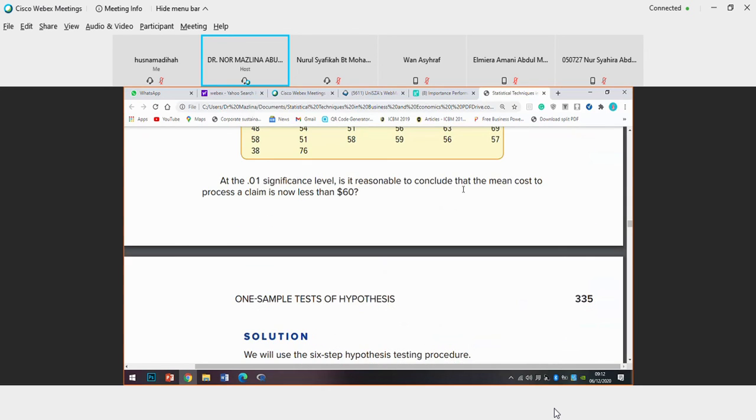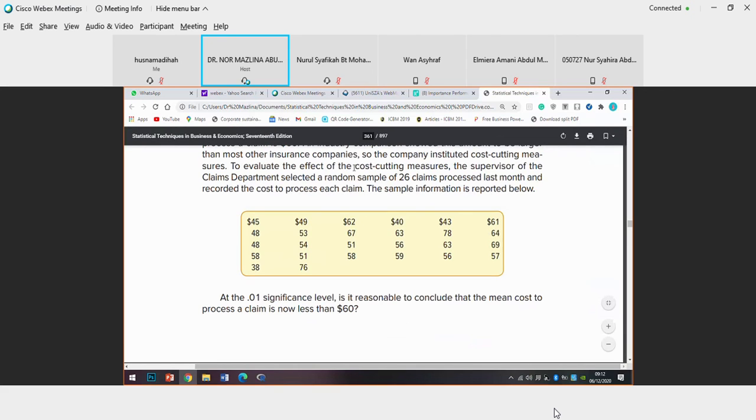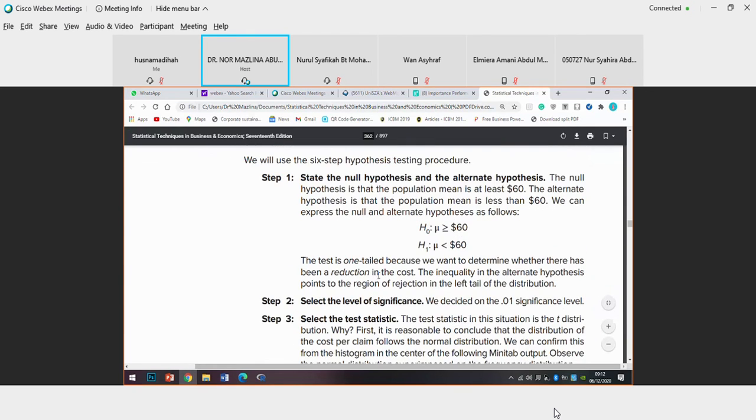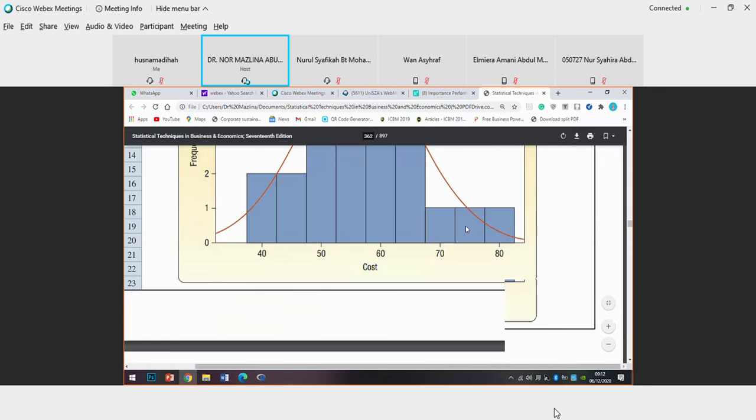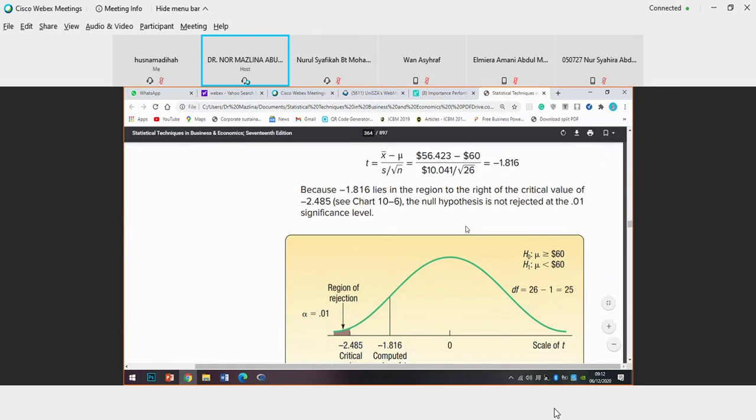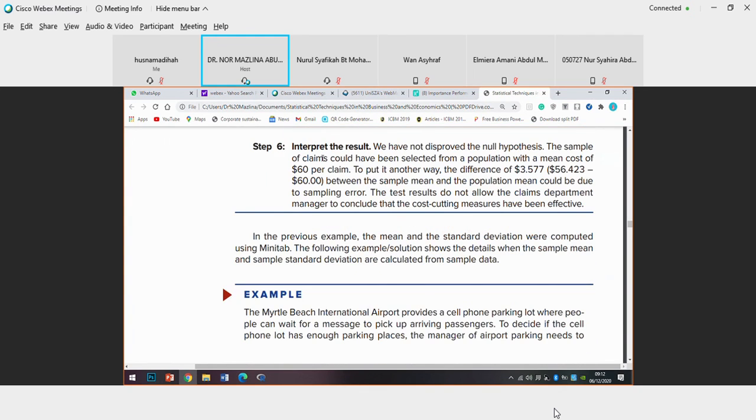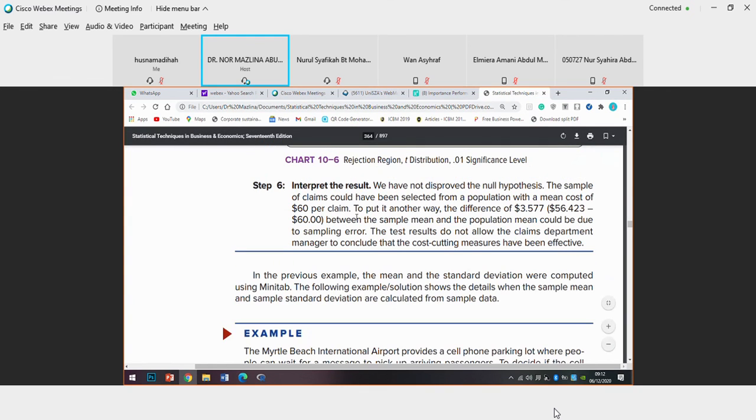Okay, jadi tadi awak claim kata awak dah letak cost cutting measure so that cost of claim to be less than 60. However, nampaknya tak berjaya lah cost cutting measure awak. Sebab daripada test ni, awak tahu you cannot reject H naught. Okay? So, this is why, okay, kalau awak tengok ni interpret result, means that we have not disproved the null hypothesis.